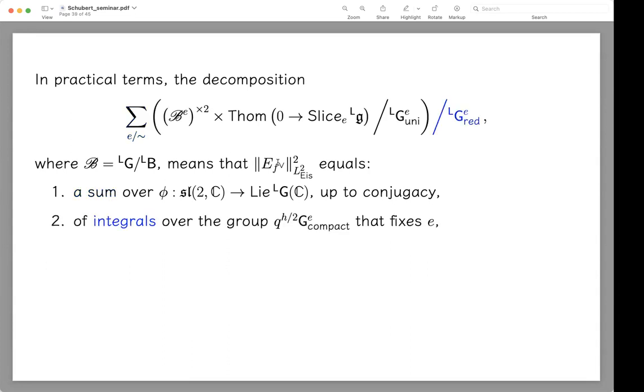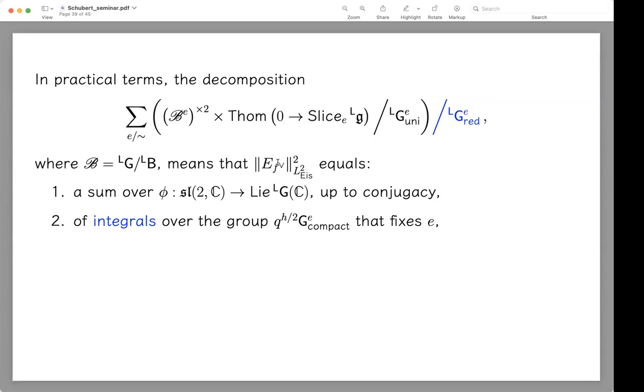Second, when you take the quotient by the centralizer, you can first take the quotient by the unipotent subgroup, then by the unipotent radical, and then by the reductive group. When you take the quotient by the reductive group, you just integrate, because you need to extract invariants with respect to the reductive group. You integrate over the maximal compact subgroup, and that integration is some L2 pairing.